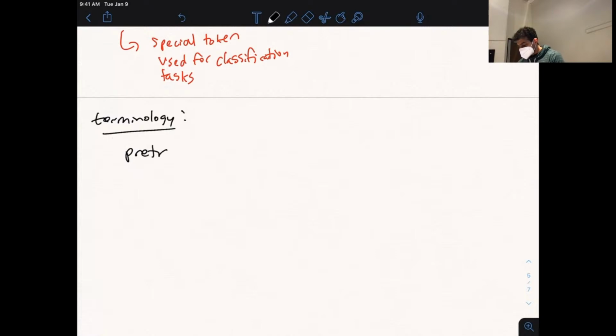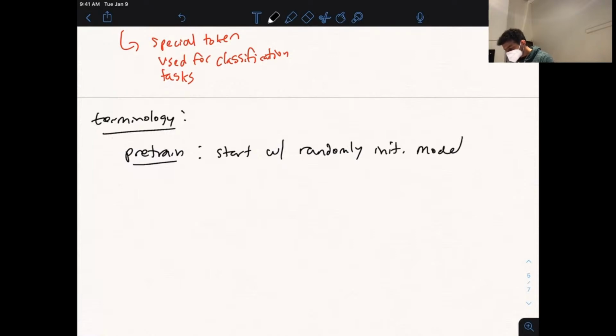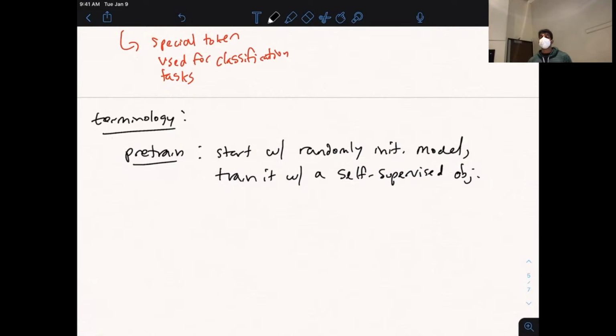So pre-train, I said that a lot this lecture. What does it mean? So start with a randomly initialized model and train it with a self-supervised objective. So far, we've seen 2 self-supervised objectives: next word prediction, like language modeling, and now masked language modeling.